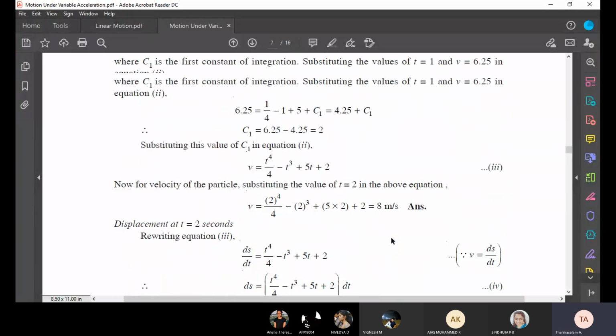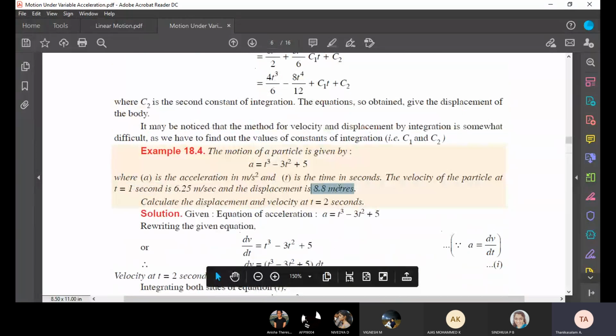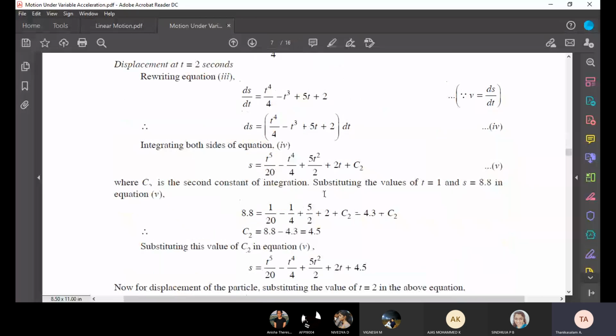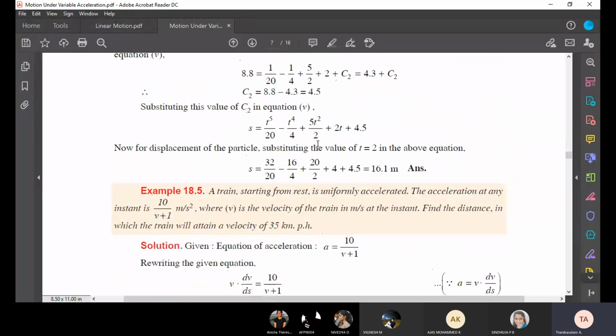The first condition given in the question: when t equals 1 second, the displacement is 8.8 meters. Applying it here, after simplification we got C equal to 4.5. Apply C again in this equation, and we finally got the displacement equation.